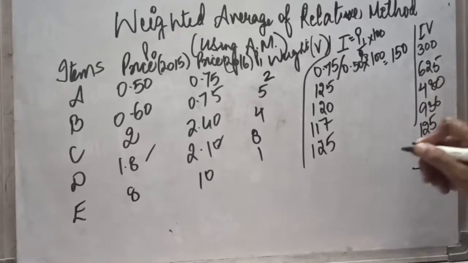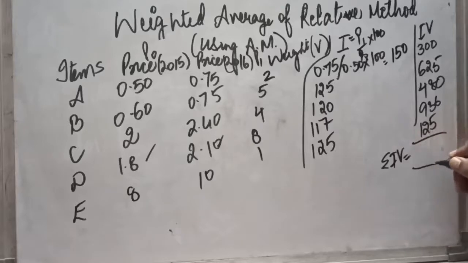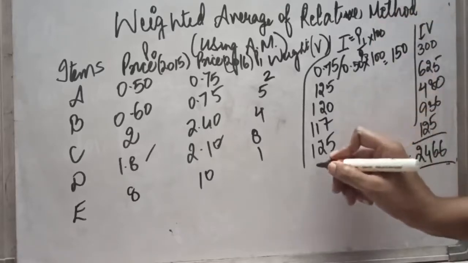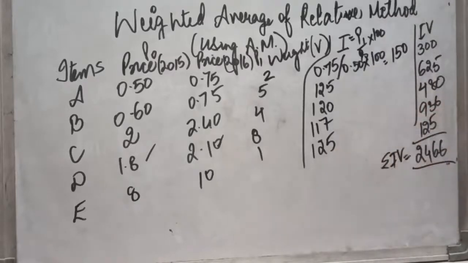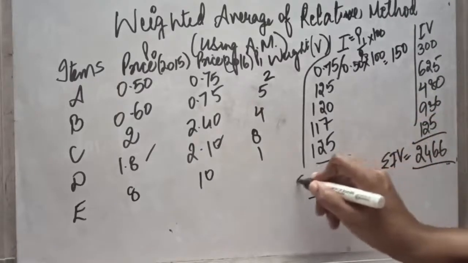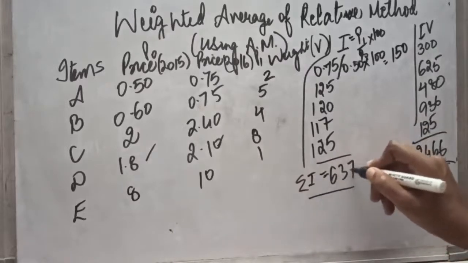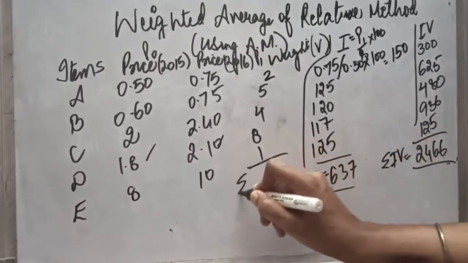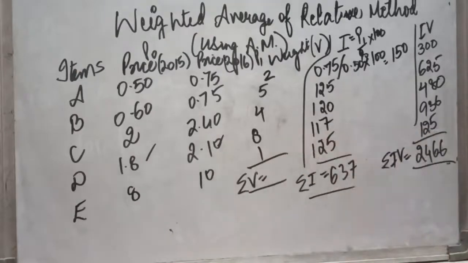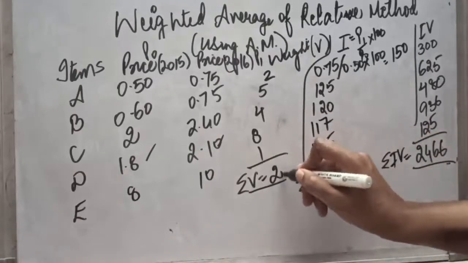Now if we add it, we will get sigma IV, which comes out to be 2466. And if we add the weights column, it will give us the value of sigma V, which comes out to be 20.